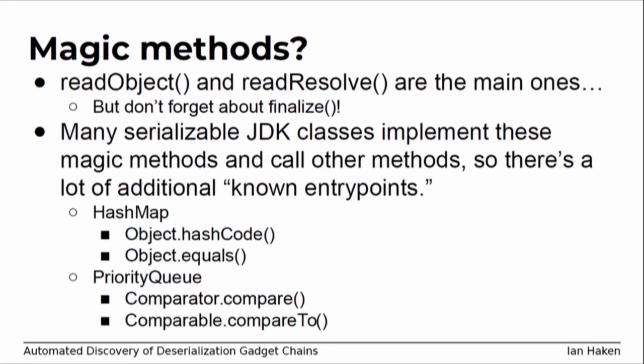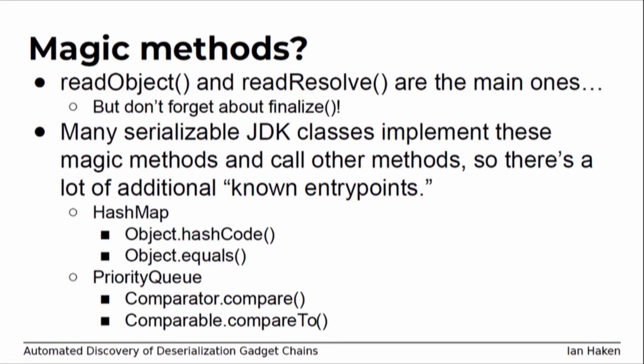The reason these magic methods exist is that they allow classes to customize how they serialize and deserialize their data. If a HashMap just used the default serialization strategy, where it serialized all of its hash tables and bins and buckets, then that serialized version probably wouldn't be interoperable between Java versions, because they may change their implementation under the hood, and everything would break when you try to deserialize it.